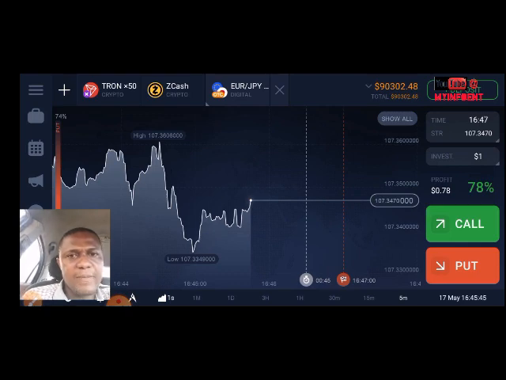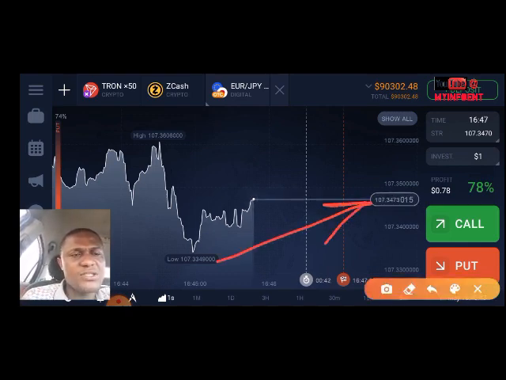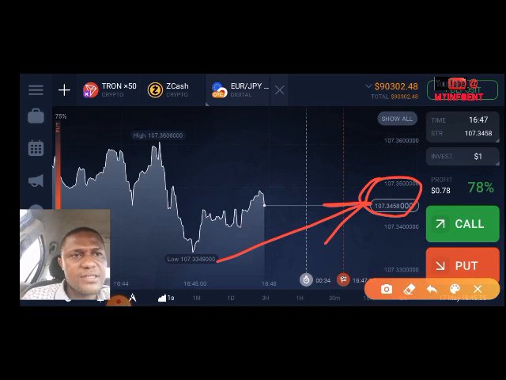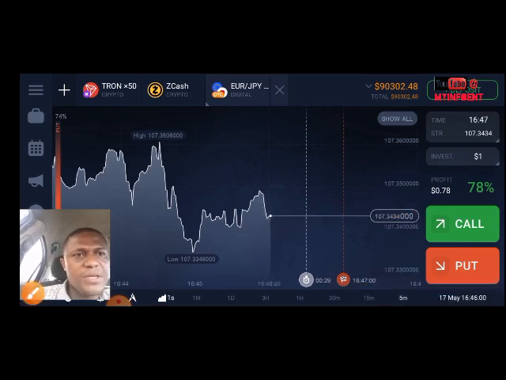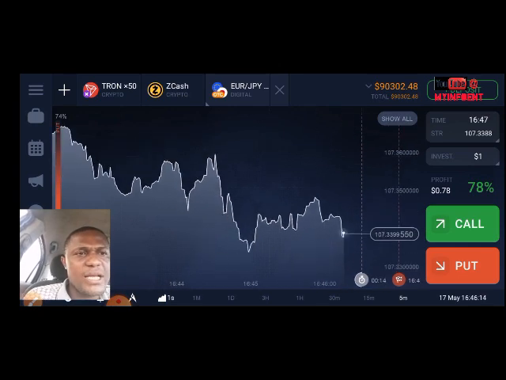This number you see fluctuating here is called the exchange rate. So it keeps changing. So the difference in the exchange rate is called PIP, as I explained earlier. So this is what exchange rate is.